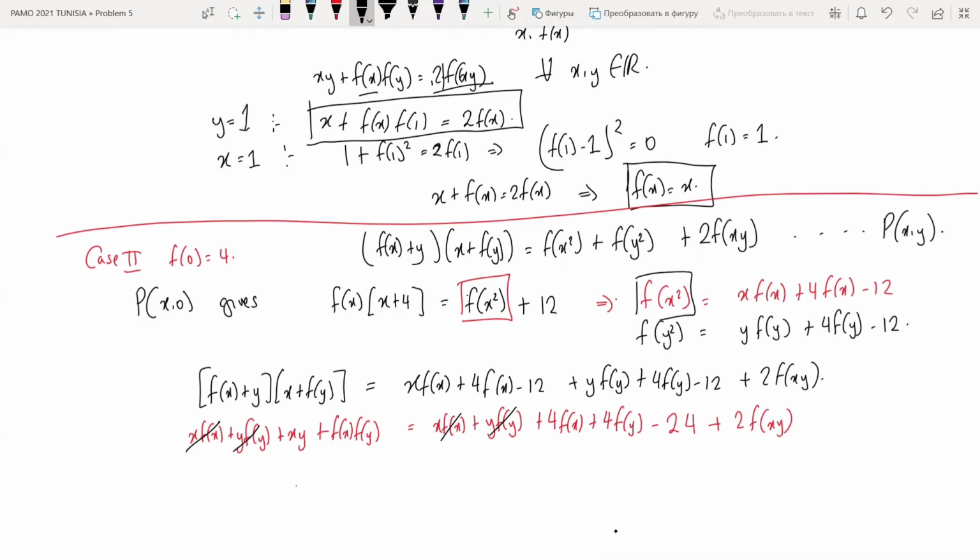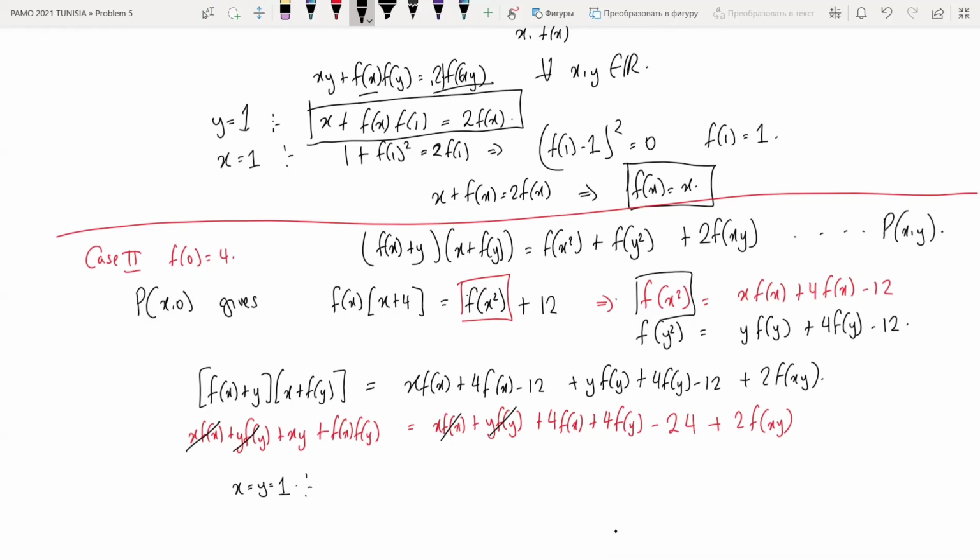So after we plug in x equals y equals 1, we find the possible values of f of 1. After that, we'll plug in only y equals 1. At that point, we already know what values f of 1 can take. Otherwise we'd be dealing with many unknown constants, so that's why it's a good idea to plug in x equals y equals 1 at this point, so we can try to find the values of f of 1.